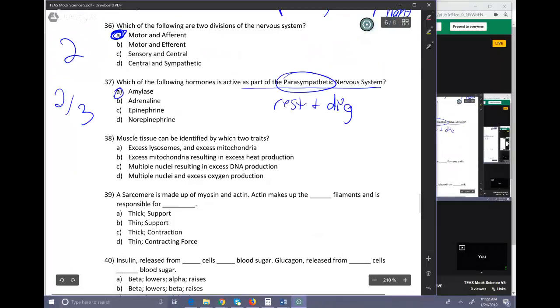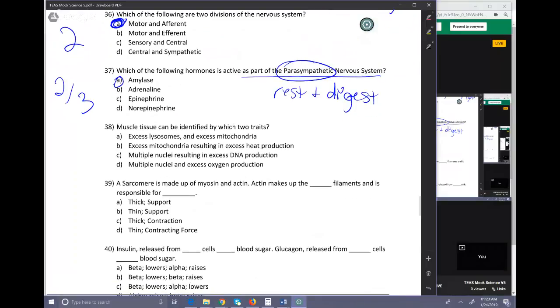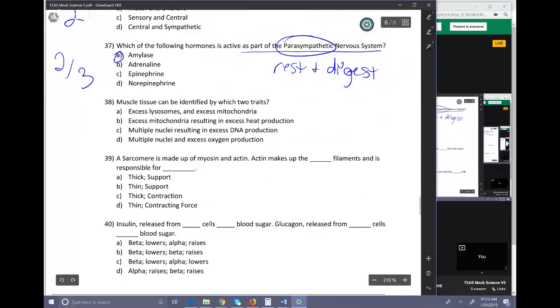So this is not the same thing as saying sympathetic is active and adrenaline is being released. But when parasympathetic is active, the digestive system is active. Amylase is part of the digestive system. So that's not the same thing, but it certainly would be active at the same time, which is what they're asking you for.